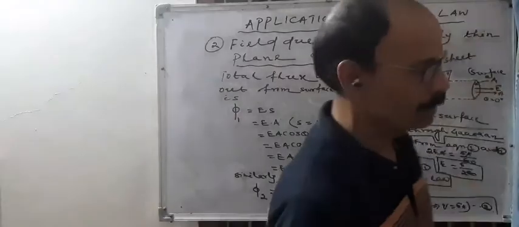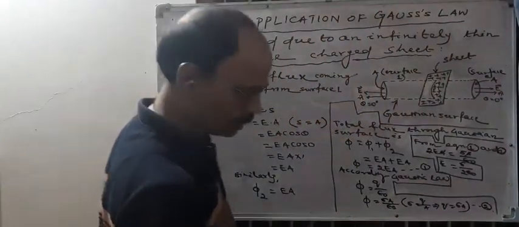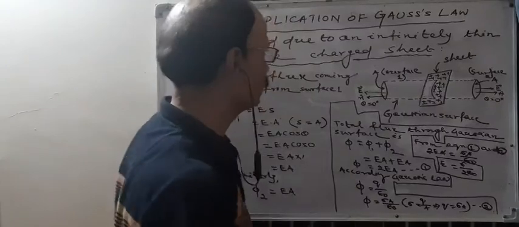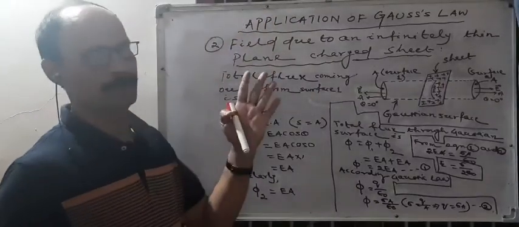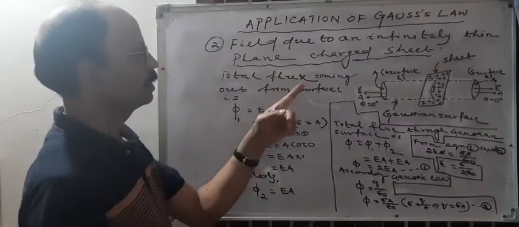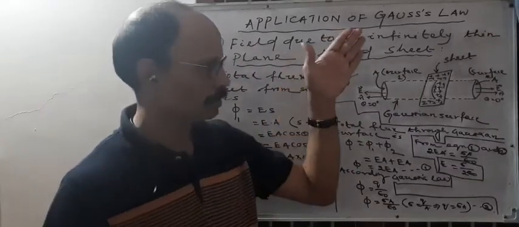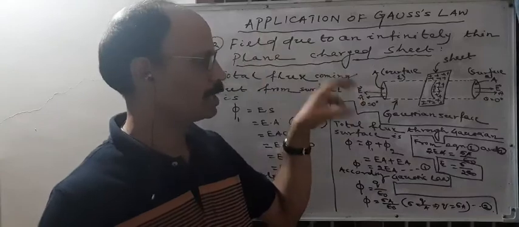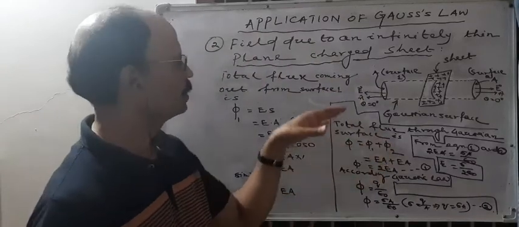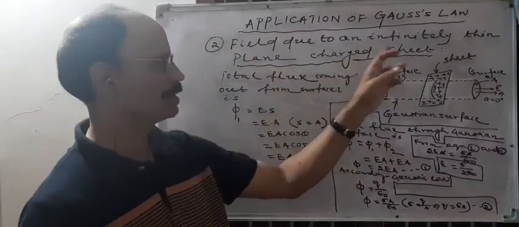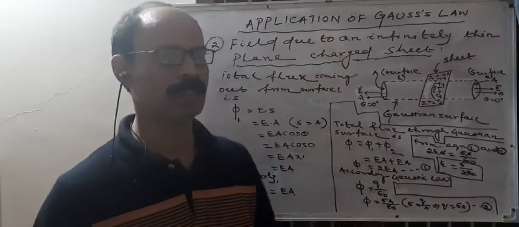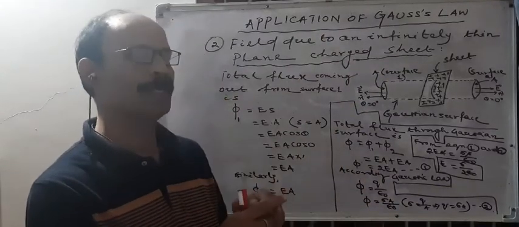So next is the third application. There are actually 3 applications. One is linear charge density, meaning thin charged wire, second is thin plane charge sheet, and third application is circular ring.